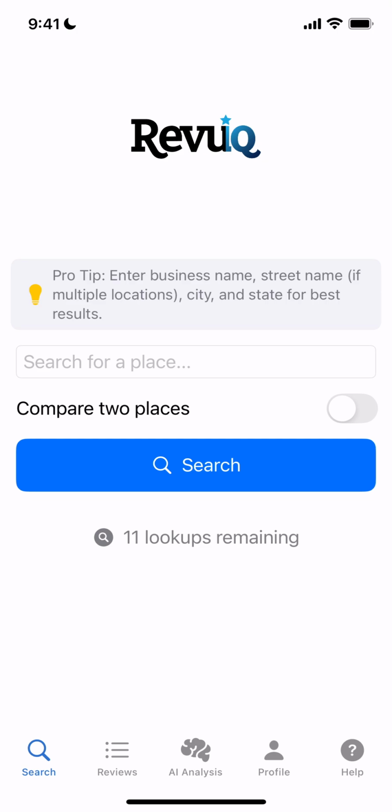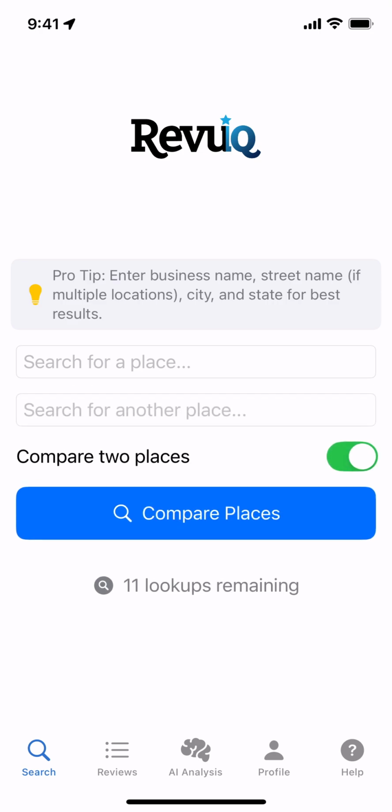And I thought a fun one to do this week would be Home Depot versus Lowe's. And what I would really like to know is who has the better tools. So RevuIQ can quickly help us do that. So let's get started. First thing we want to do is hit the toggle compare two places button.